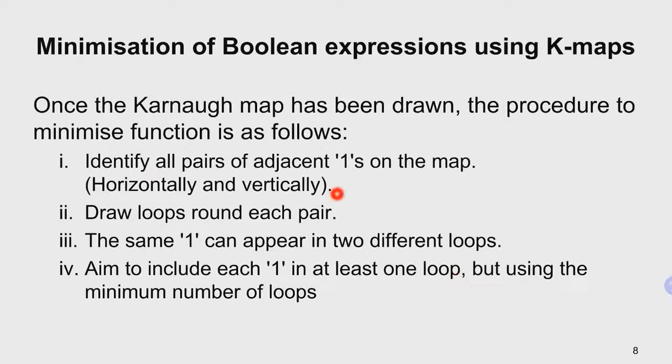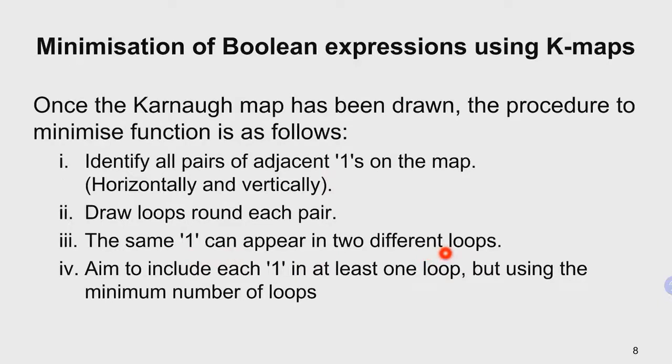Once we have identified pairs of adjacent ones in the K-map, we can draw loops around each pair. I'm referring to pairs here because we are still dealing with 2 variables, so it's a 2x2 grid K-map, and we are only doing pairs of adjacent ones. And if a one appears in two different loops, that is fine.